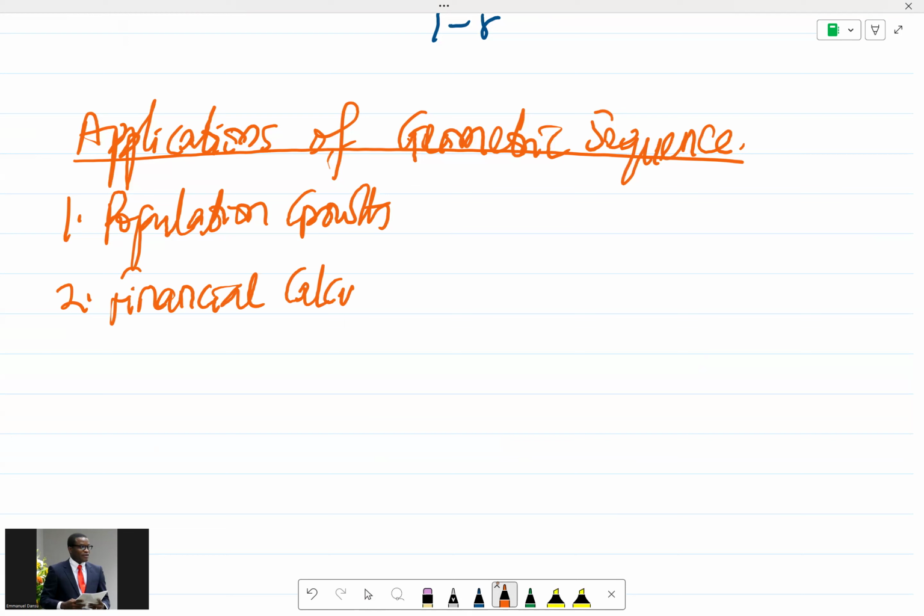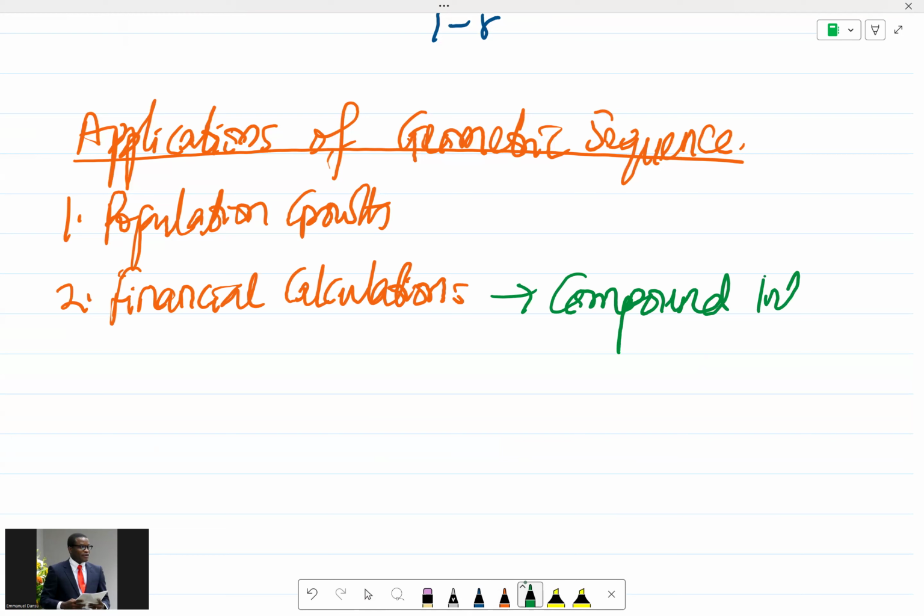In fact, we're going to take an example on compound interest. Compound interest is based on geometric sequence, so I think that is worth mentioning. Or even depreciation: something can depreciate geometrically.